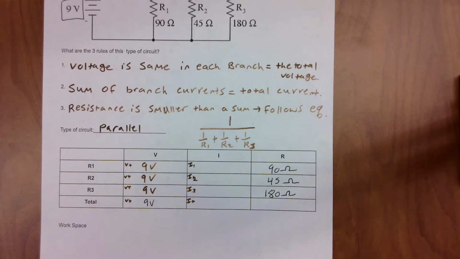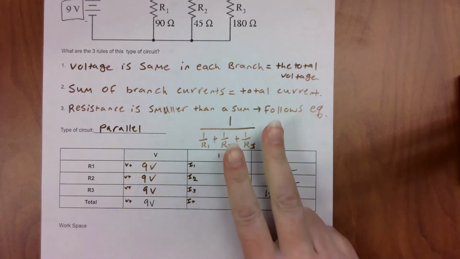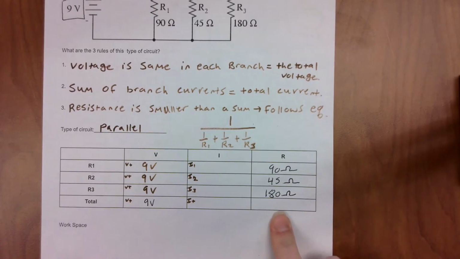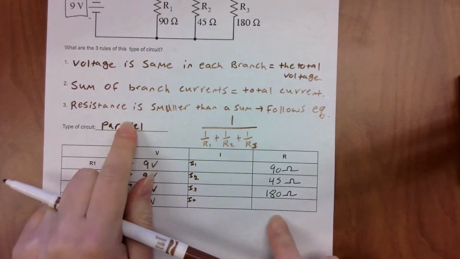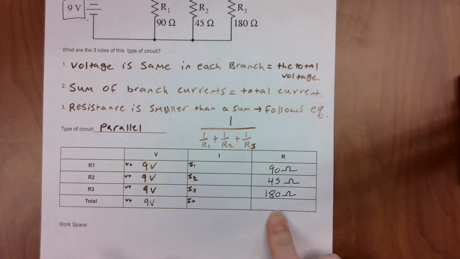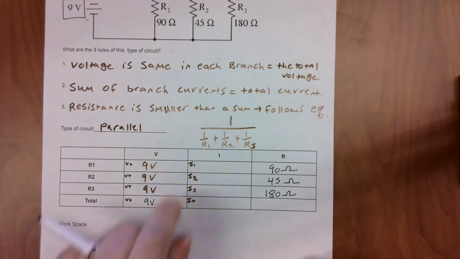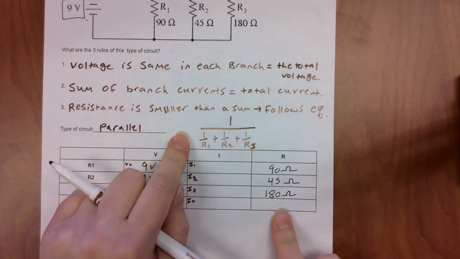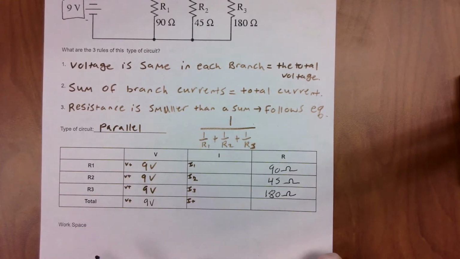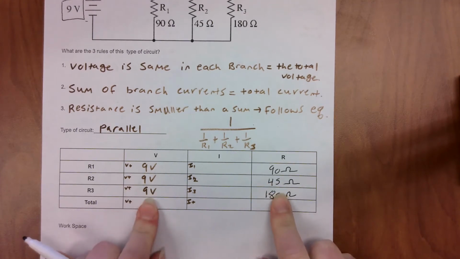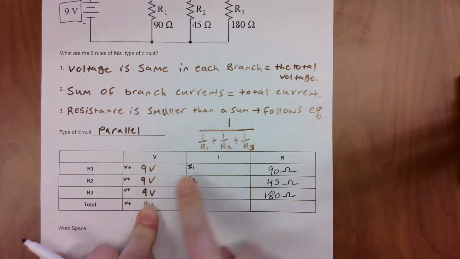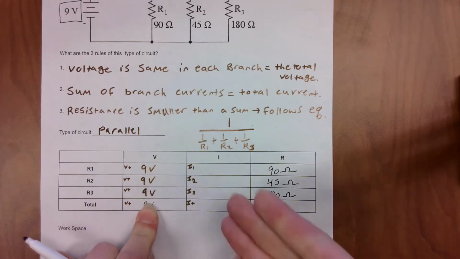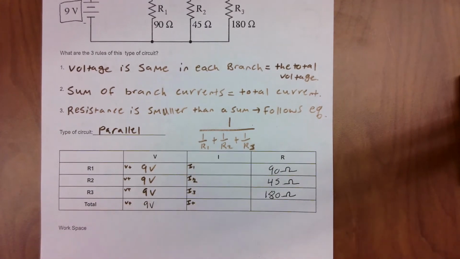Now, we can do one of 2 things from here. We can use our equation for resistance, because if we're looking for resistance here in this box, we can use this equation right away to find R. Or notice that in each of our branches, we have 2 of the 3 main things that we need.